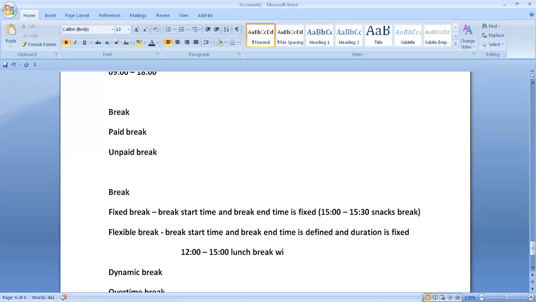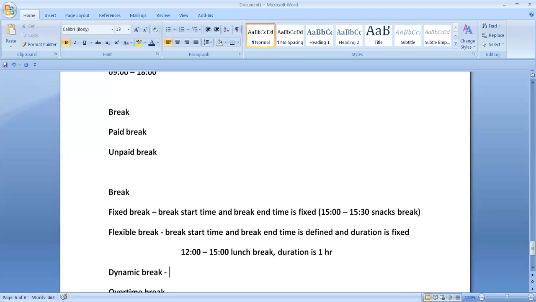With this lunch break you are maintaining that the duration is 1 hour. But the actual window is 3 hours. The duration of the actual break is 1 hour. That means from 12 to 3 o'clock in the afternoon, you can go for lunch for 1 hour, anytime between 12 and 3. This is called a flexible break.